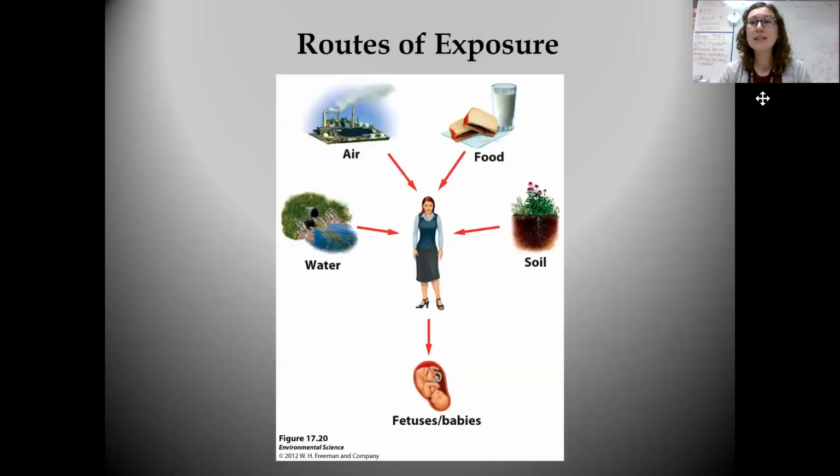Okay, how can we be exposed? This is very similar to when we talked about rates or pathways of transmission of our biological disease. Again, now we're talking about chemicals. This is talking about this chemical risk. We can get them from our food if they're prepared differently, or maybe in the sterilization process, or maybe they were preserved really weird and there's some strange chemical that's on my food. I can get chemicals that are airborne from factories, such as toxic ash. We can get chemicals from our water.